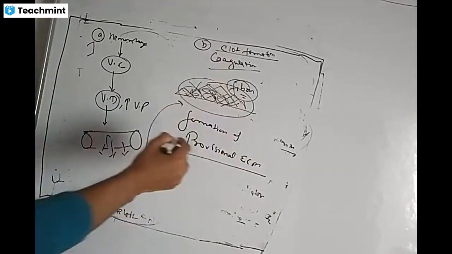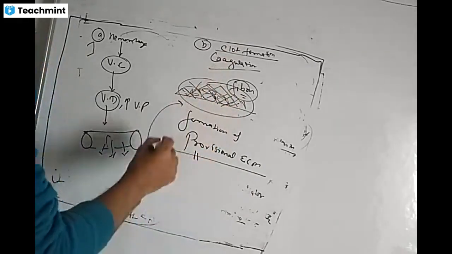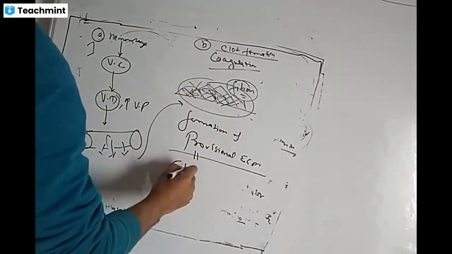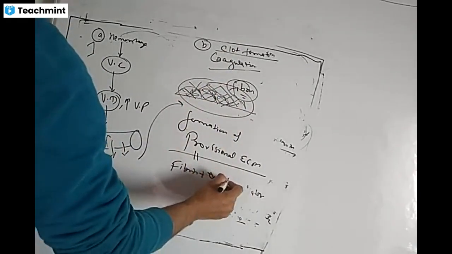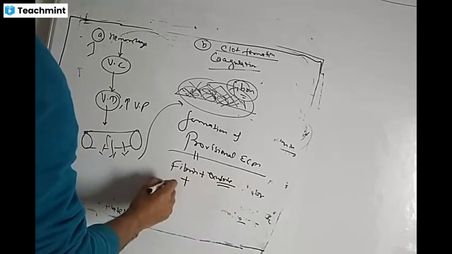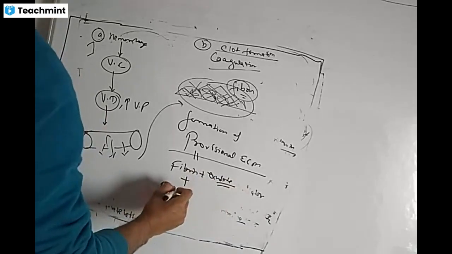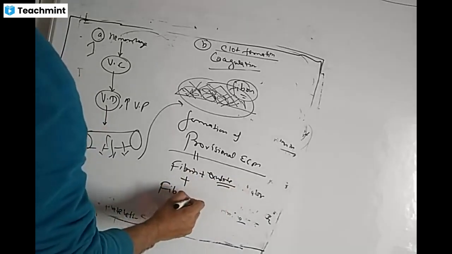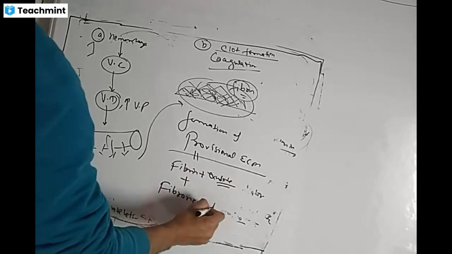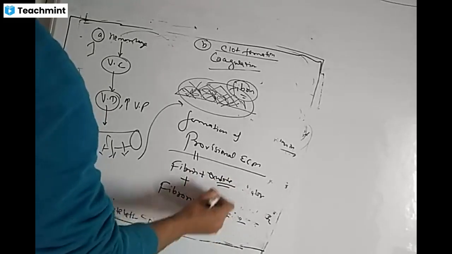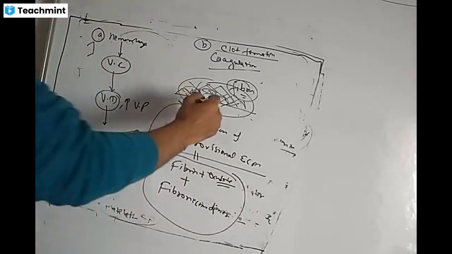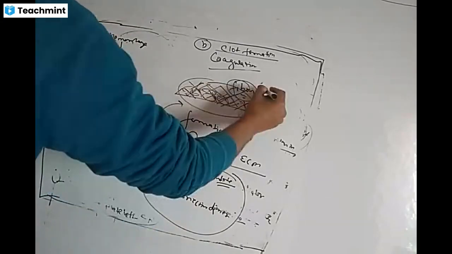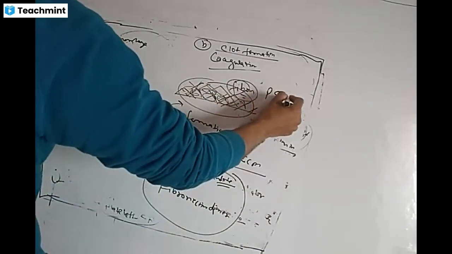This extracellular matrix is formed by your fibrin plus some exudate, transudate of the plasma, plus there are some molecules which are called fibronectin dimer. All these things make here the provisional extracellular matrix.